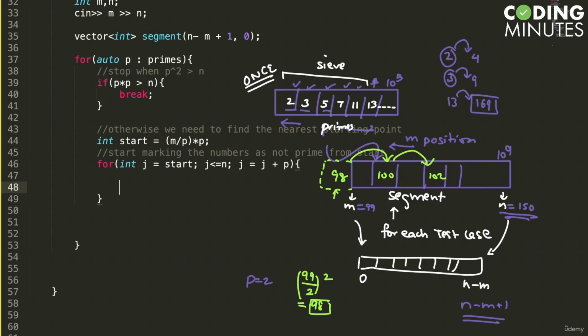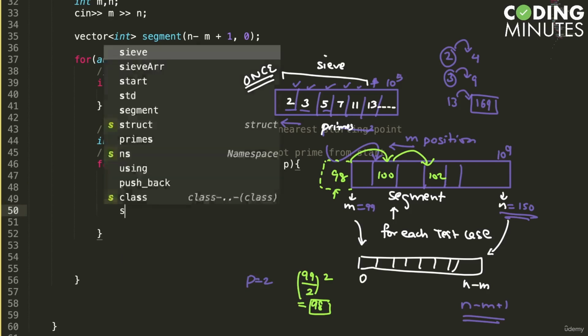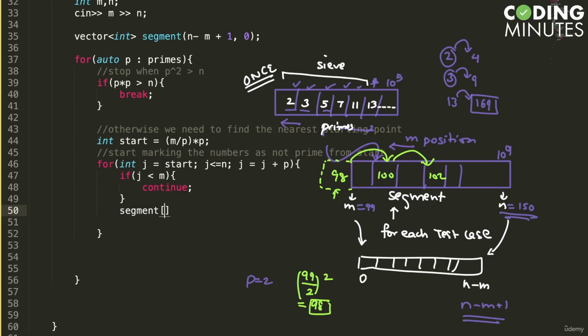But now 98 is outside, it is less than m. So if somehow the value of j is less than m, then we will simply say continue, because the index 98 does not exist in the array. Otherwise, we will say segment of j, but now the actual index is not j, it is j minus m.